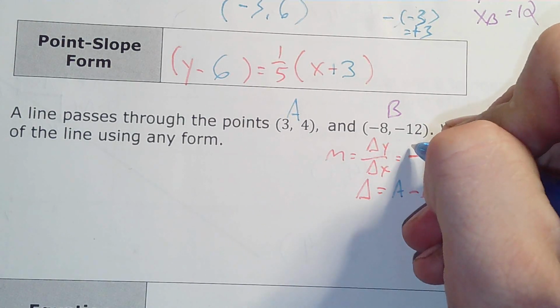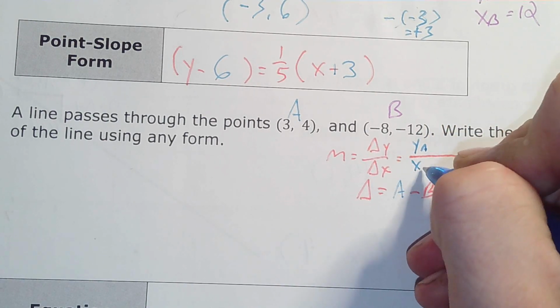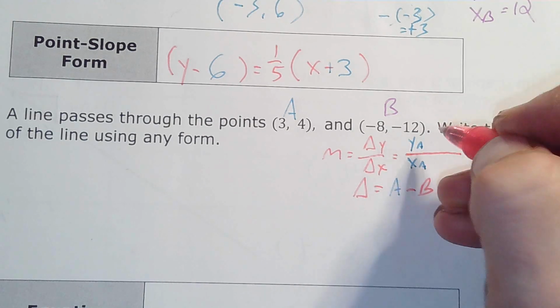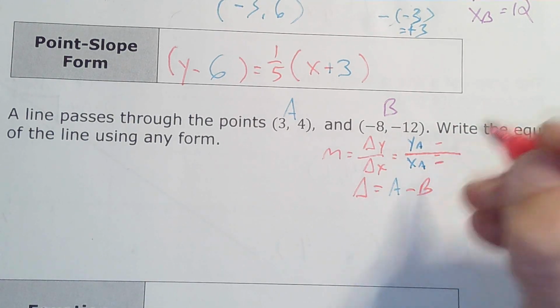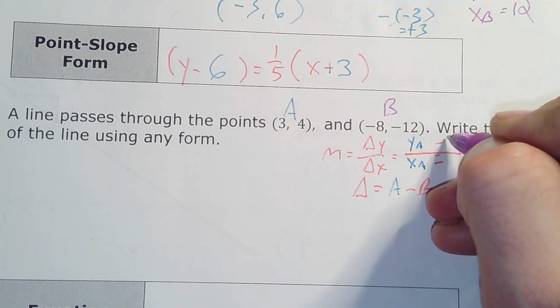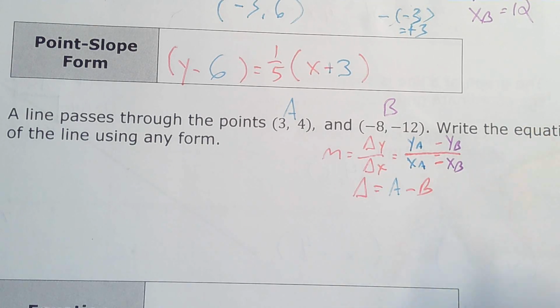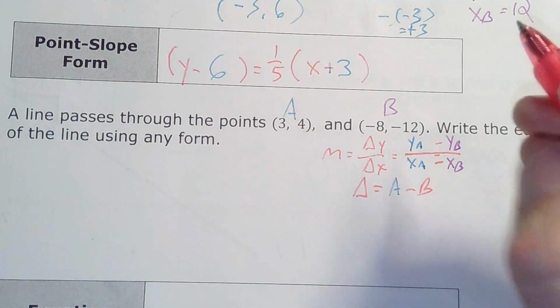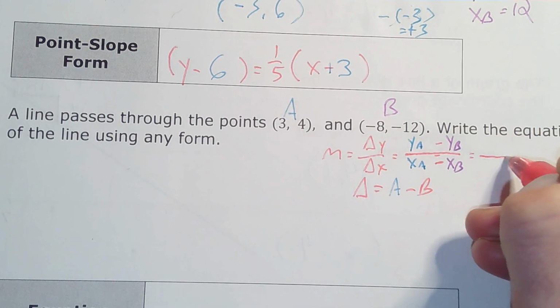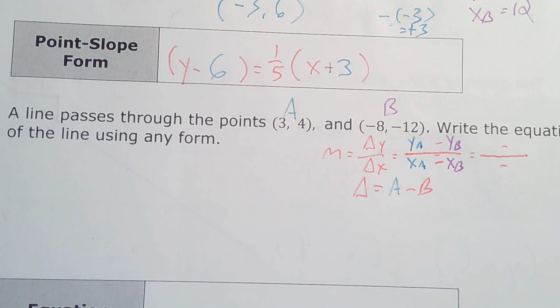So this equals my y value of A and my x value of A, and then minus my y value at B and my x value at B. All right, so I'm going to go ahead and pre-pull out the thing so it's easy to fill all these out, pre-place my negative signs, and pull this stuff out.